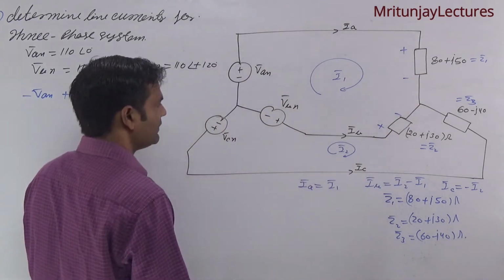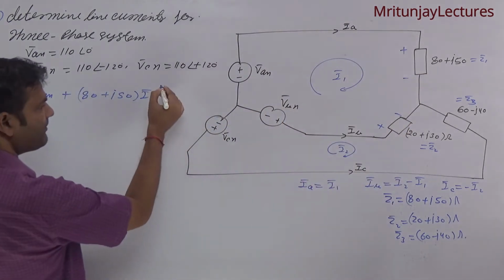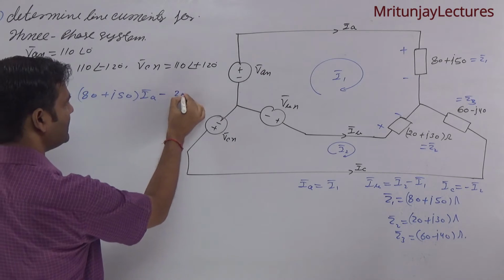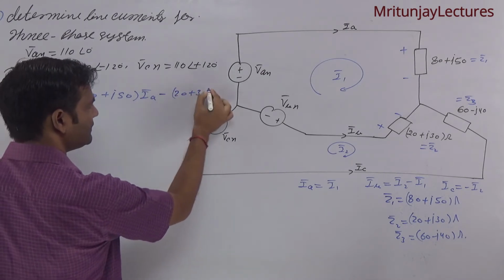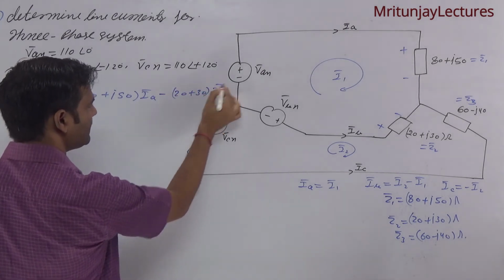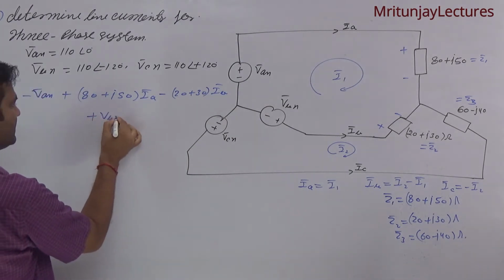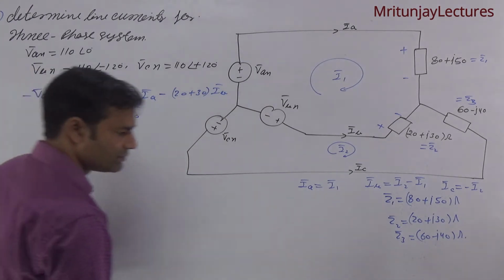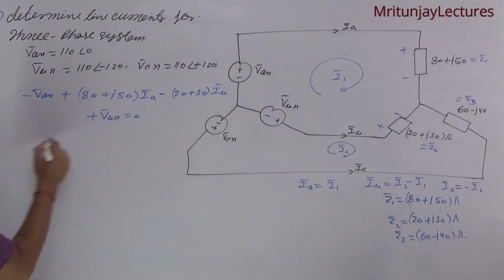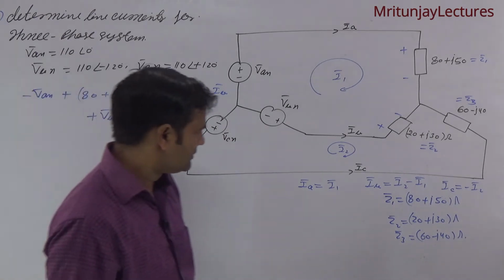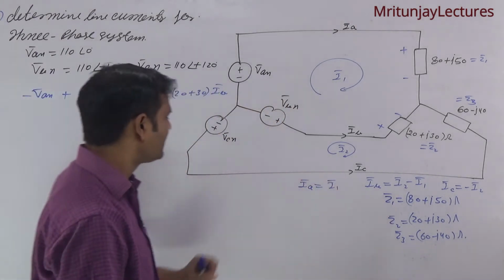Now minus 20 plus 30 IB plus VBN, this is equal to 0, clear? So our motto: determine IA and IB in the terms of I1, I2.